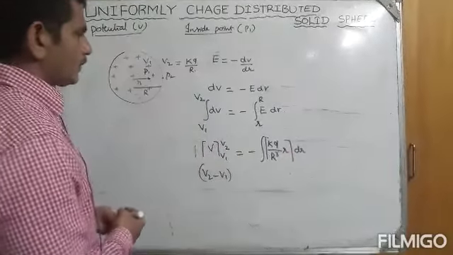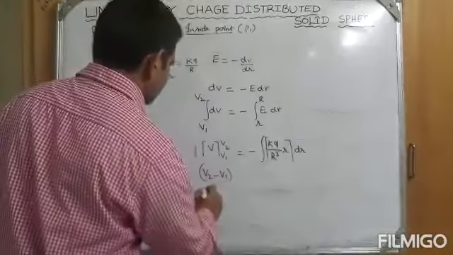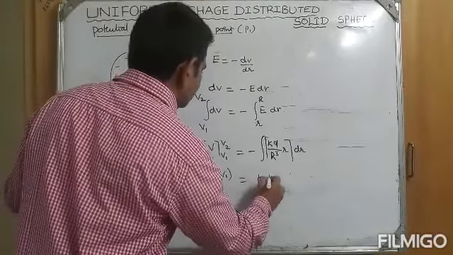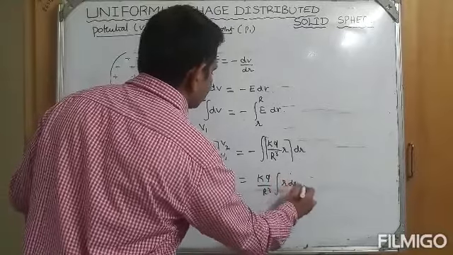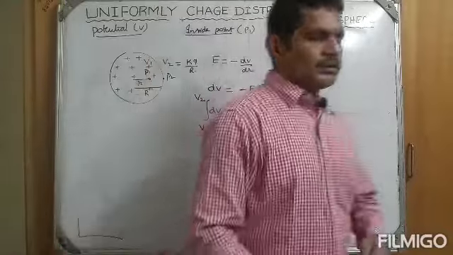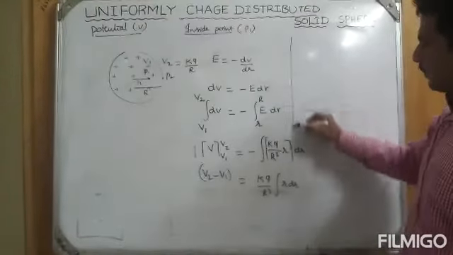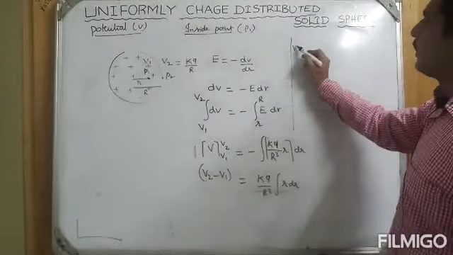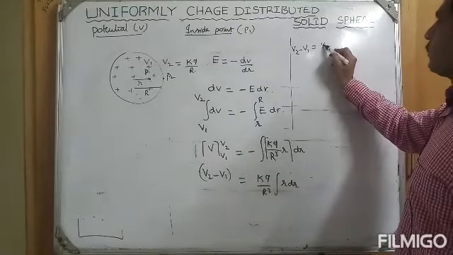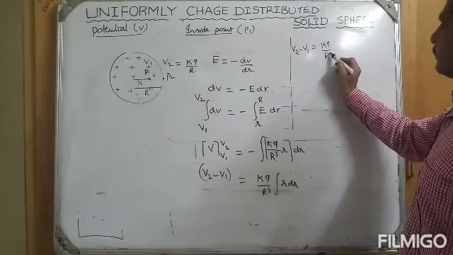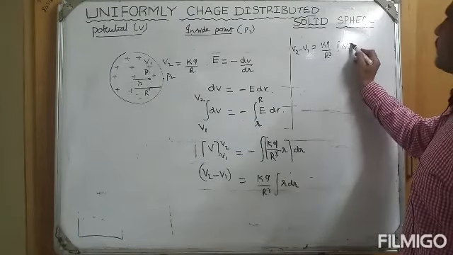This is the constant. V2 minus V1 is equal to KQ by R cube into r dr. So you follow me, you will get V2 minus V1 is equal to KQ by R cube into r square by 2.